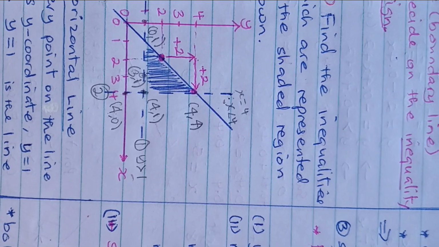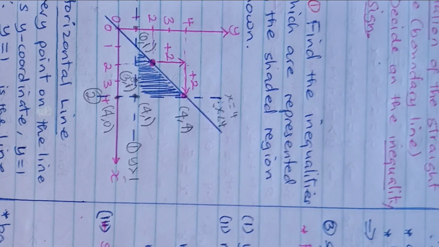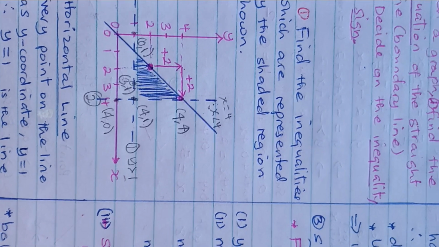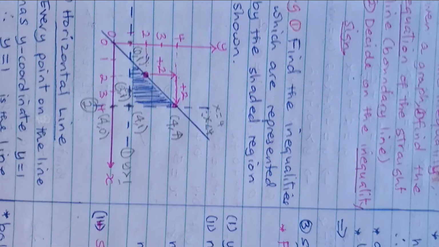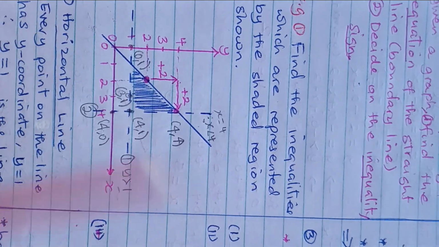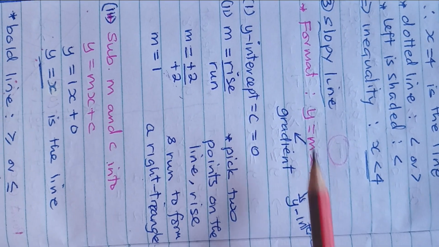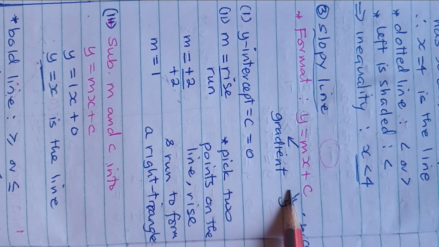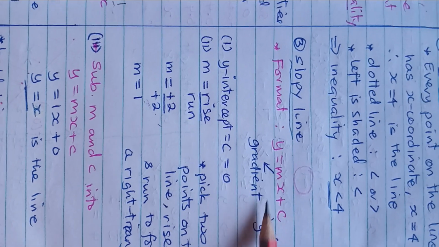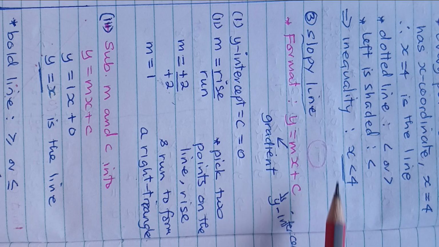Now for the third line, which is the slopey one. Now all the slopey lines will have two intercepts, the x-intercept and the y-intercept, where the line will cut those axes. So the line will come in this gradient-intercept format, y equals mx plus c.